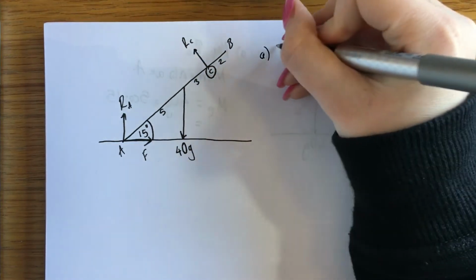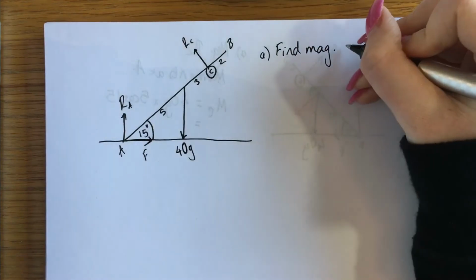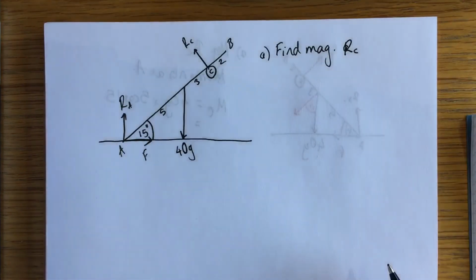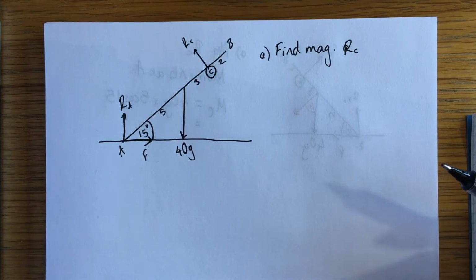So part (a) is to find the magnitude of the reaction at C. My choice here is I can either resolve forces or I can take moments.